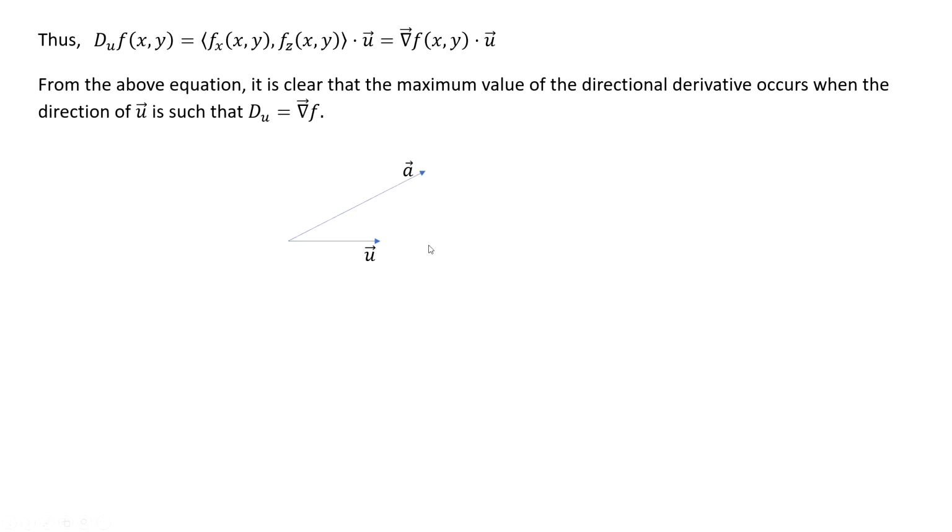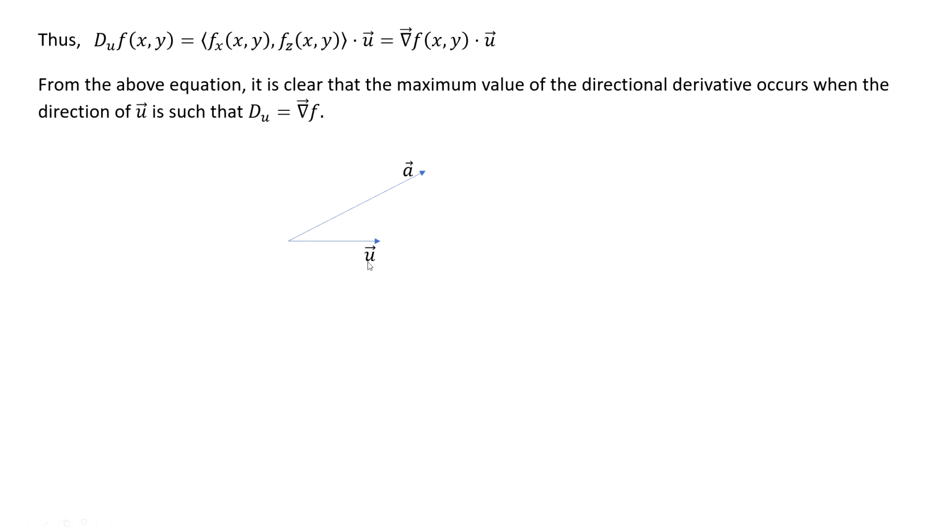Now, here I have an illustration of this. Let's say u is a unit vector and we take some vector a. It could very well be this del f vector, the gradient f. If we have this one and we want to talk about the dot product of a dotted with u, what exactly is that? You remember back we learned about projection, scalar projection? That's what we are talking about.